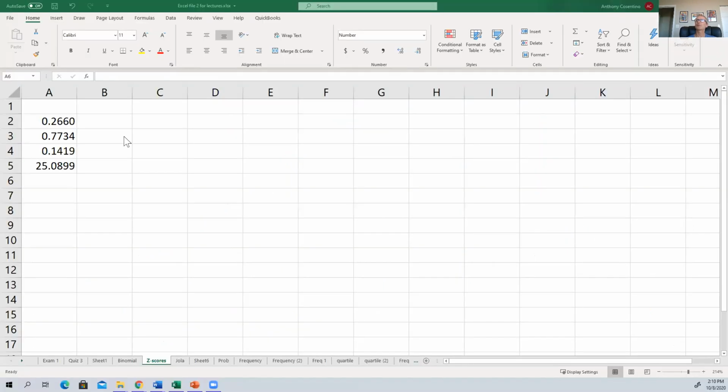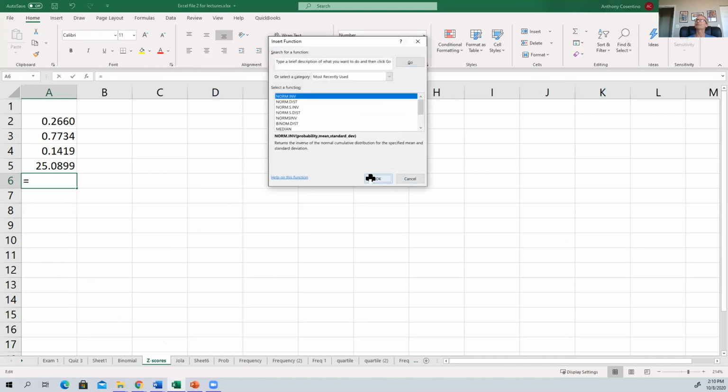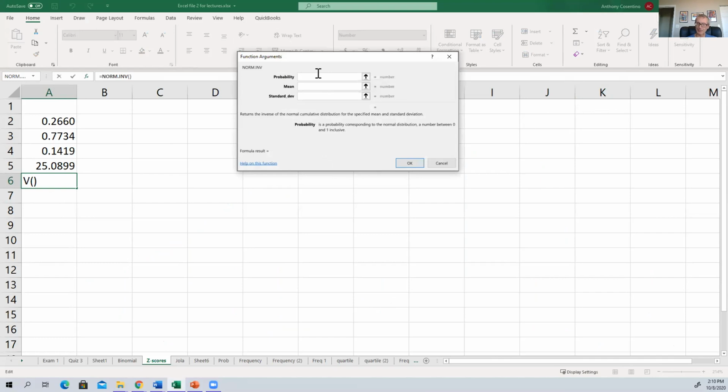We go back to the spreadsheet, and more functions, start over. Okay, so probability is 0.75, mean is 25.1, and standard deviation of 0.04.